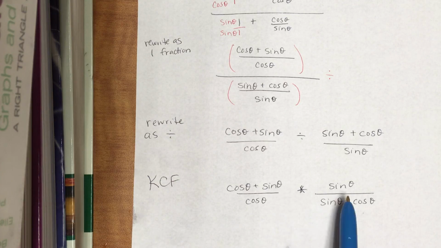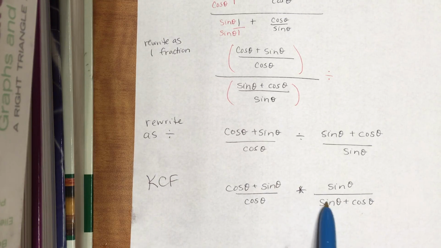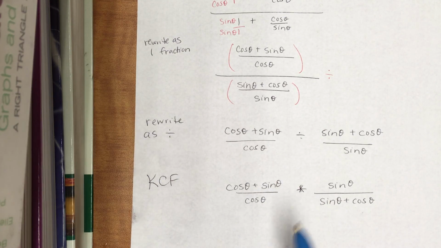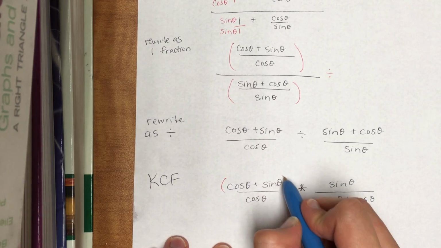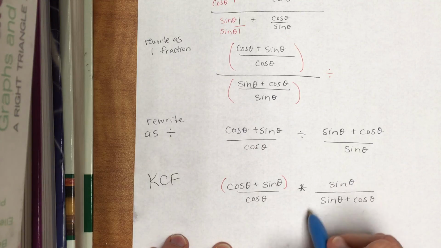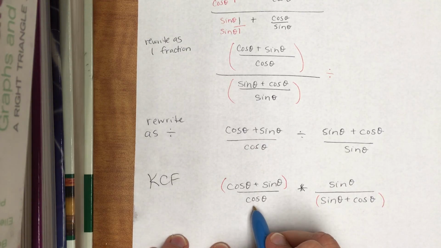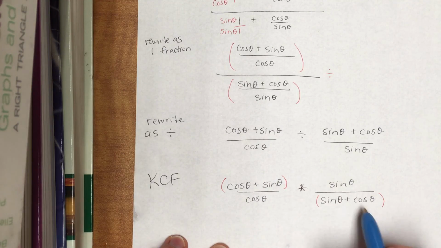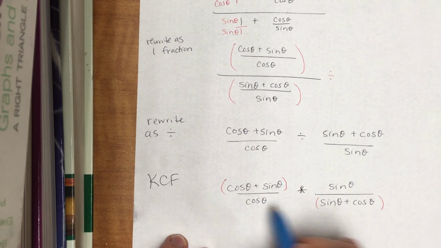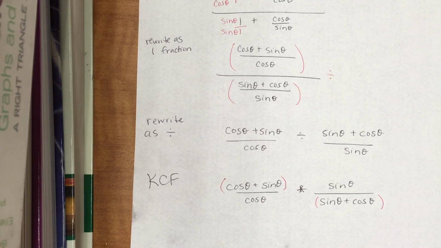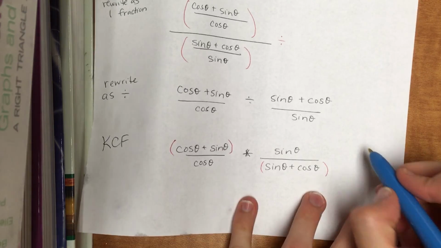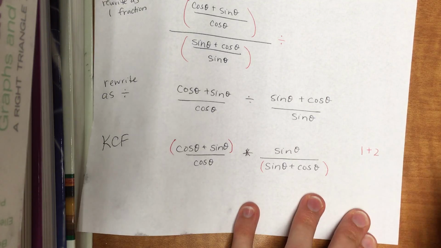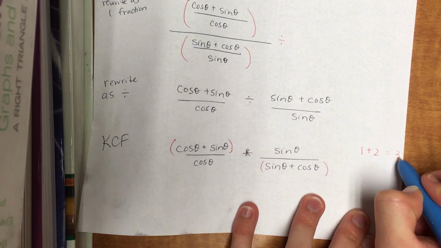So that means I'm not going to be canceling this sine with this sine individually because this sine is added to the cosine. But this whole entire thing is multiplied and this whole entire thing is multiplied. So I can cancel this whole piece because it's just multiplied by sine, and this whole denominator here is just multiplied by cosine. I know they don't necessarily look the same, but as a side note, think 1 plus 2, that's going to give you 3.